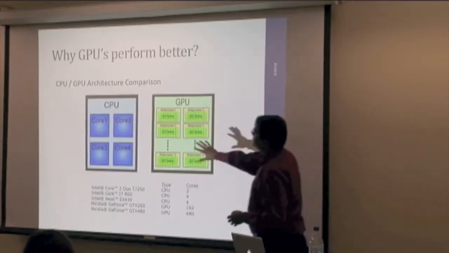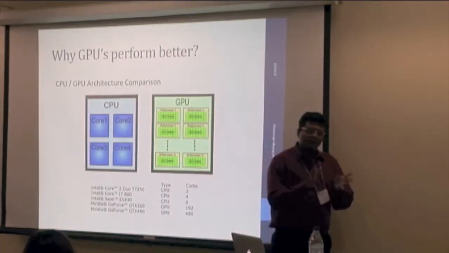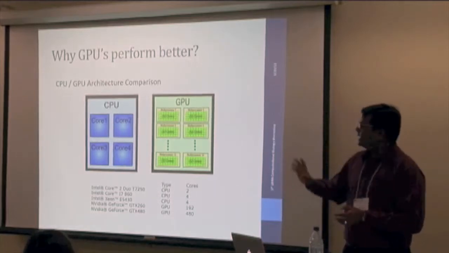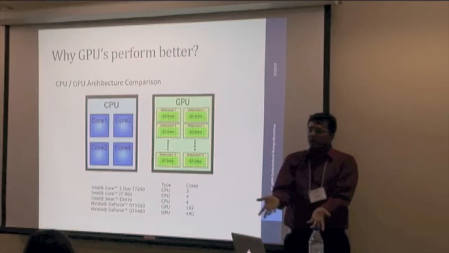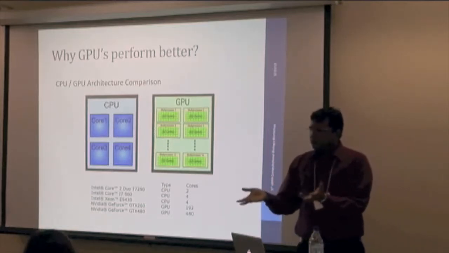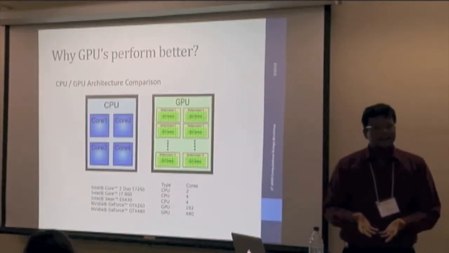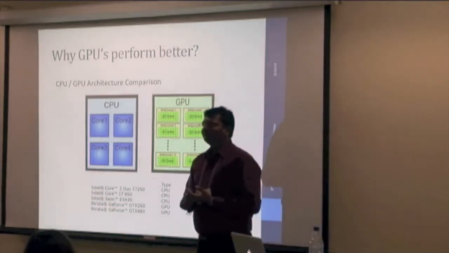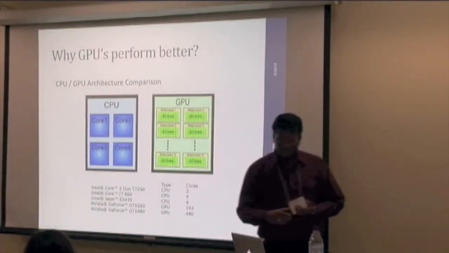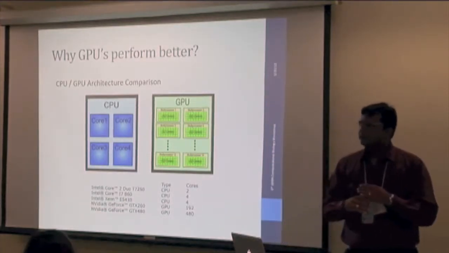So this is an architectural comparison. If you have a CPU, you have multiple cores, and each core can be exploited in a distributed environment. So if you have a 4-core computer, you can very well do distributed computing on your existing computer. Can I just add, Pradeep? I don't know if everybody knows the GPU is on the graphics card, the graphics processing unit.